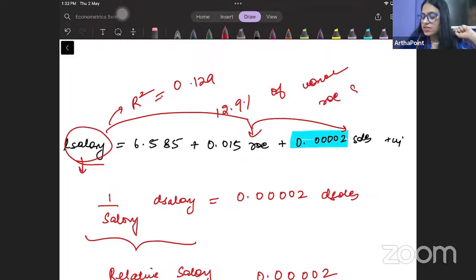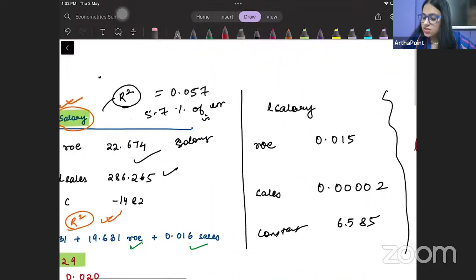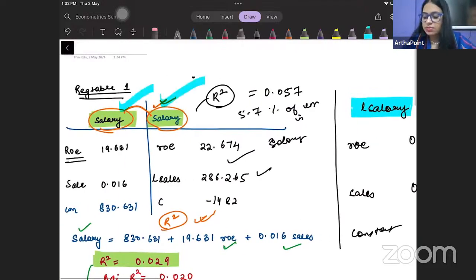So ROE and sales jointly can explain 12.9% of variation in your log salary. अच्छा, because here your dependent variable is log salary, और इससे पहले वाले models में the dependent variable was salary. These models are not directly comparable. Because the dependent variable has changed, I cannot go ahead and directly compare these models, right?